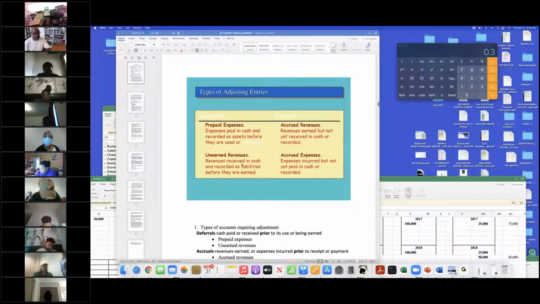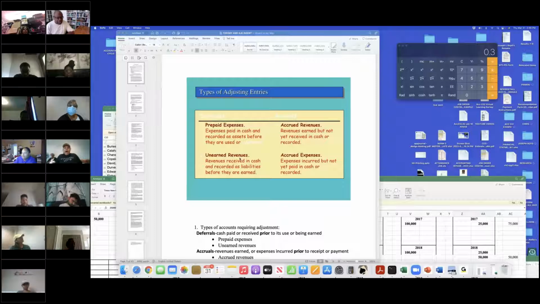In both of these instances, and they're called deferrals, cash occurs prior to the journal entry. In earning revenue, we get the cash, or we buy the asset and we pay cash, or we create a liability and we still have to pay cash eventually. But when we make the AJE, cash is not a part of the AJE. So cash is happening before we make the AJE.